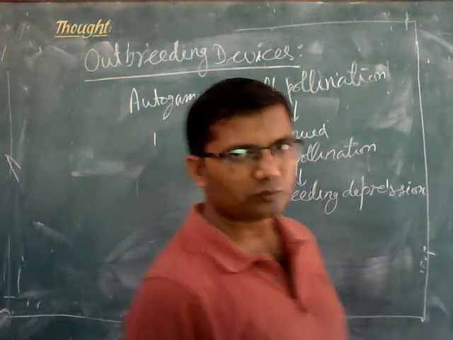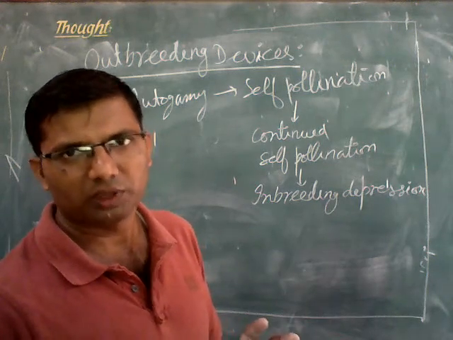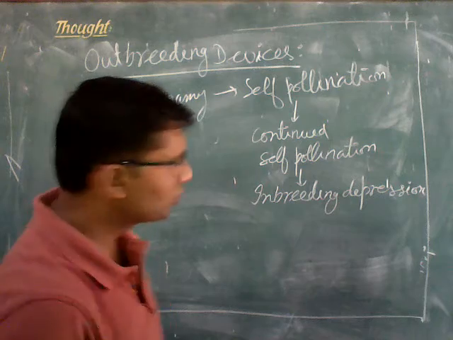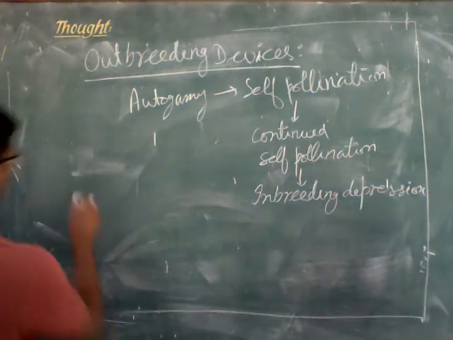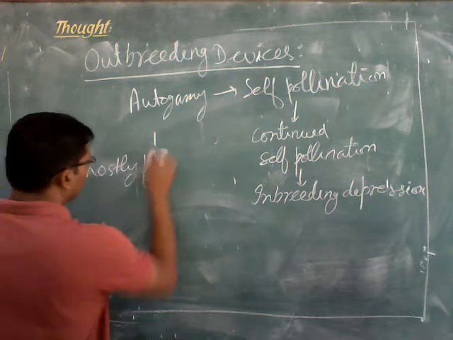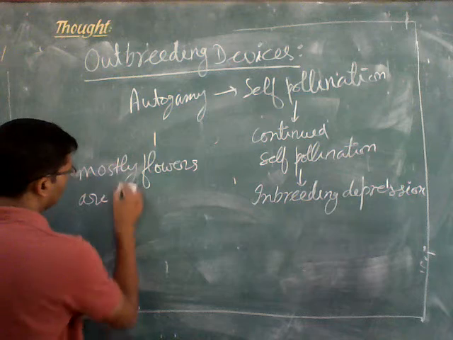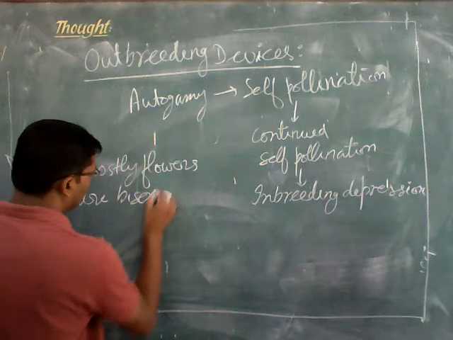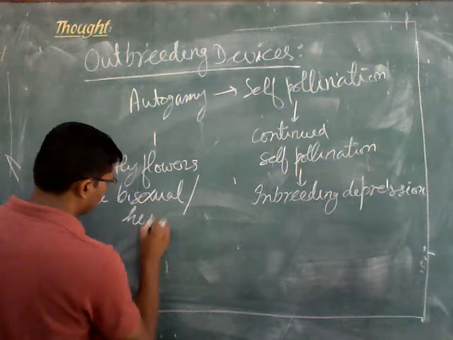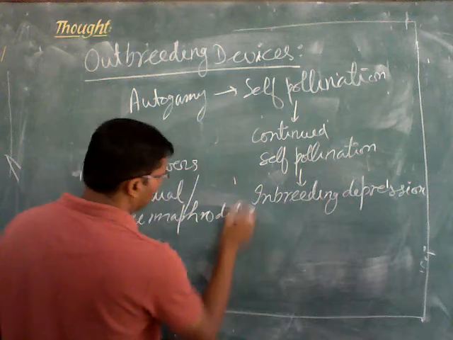So I'm trying first to tell you what the concept is, okay, then we will come to what outbreeding devices are. So what happens usually, most of the flowers are bisexual, right?